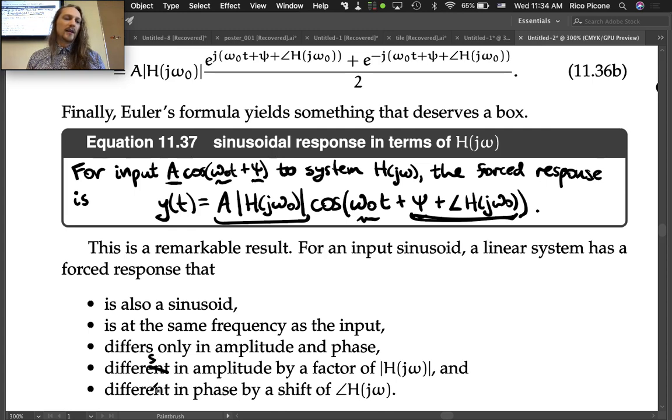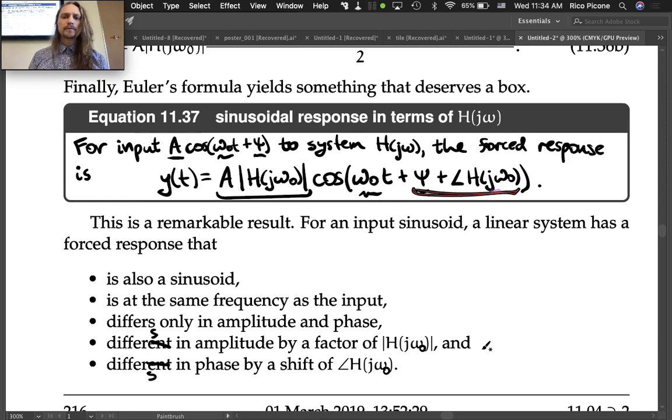I don't like the way that's worded. It's incorrect. It differs in amplitude by a factor of the magnitude of H of j omega evaluated at that frequency. Don't forget, it's evaluated at omega naught specifically. And the phase is different by a shift of the phase of the frequency response function at that frequency.